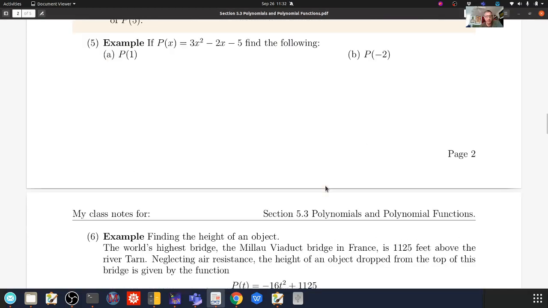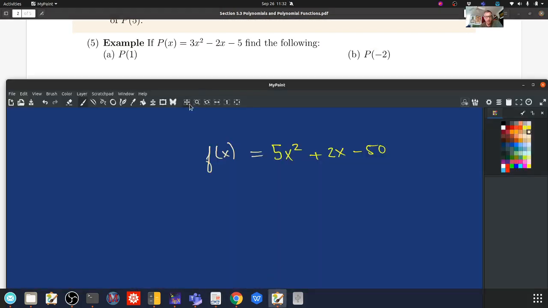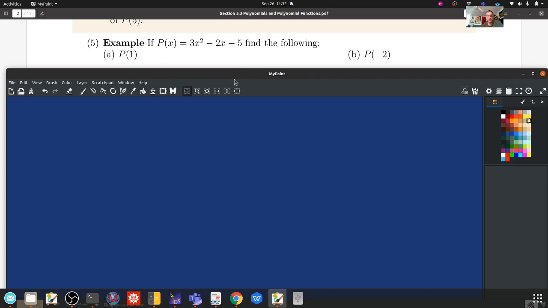So let's just go ahead and practice some more things. We're given the polynomial p of x is equal to 3x squared minus 2x minus 5. Notice the minuses here. They're inherent in the formula. So if x were itself minus, like it is over here, that minus 2 has to go along with the x. It can't co-opt the one that's existing.